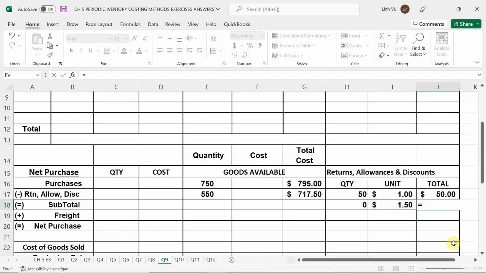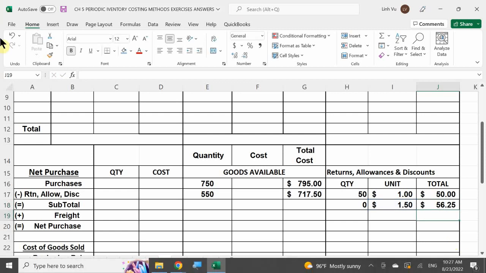I got 46. I mean 56. So let's do that again. So 150 of those units at $1.50, and you want 25%. Oh, I did the wrong model. 25, that's why. Okay. So it should be $56.25. There we go.